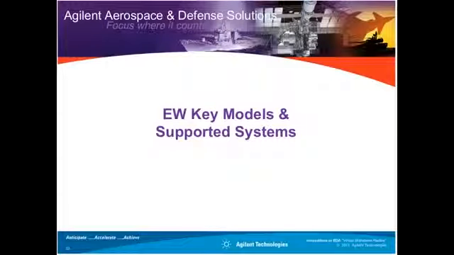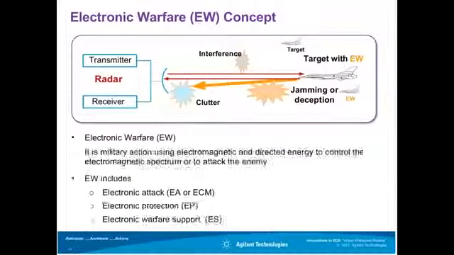So now let's move on to the next topic about EW models and support systems. The challenge for EW is that we want to design our EW system properly, and we also want to support not only EA, EP, but also ES.